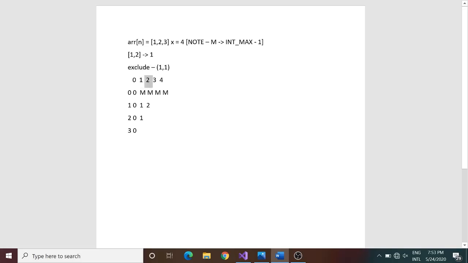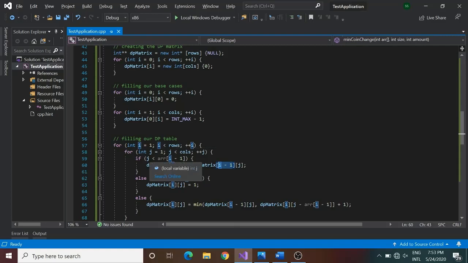So if we come to the code, what can we see over here? Look, if the amount which is to be made is less than the denomination which I am having, what would be the answer? I would be recursing for the same amount with the remaining denominations I have. So that would be the answer to my current subproblem.